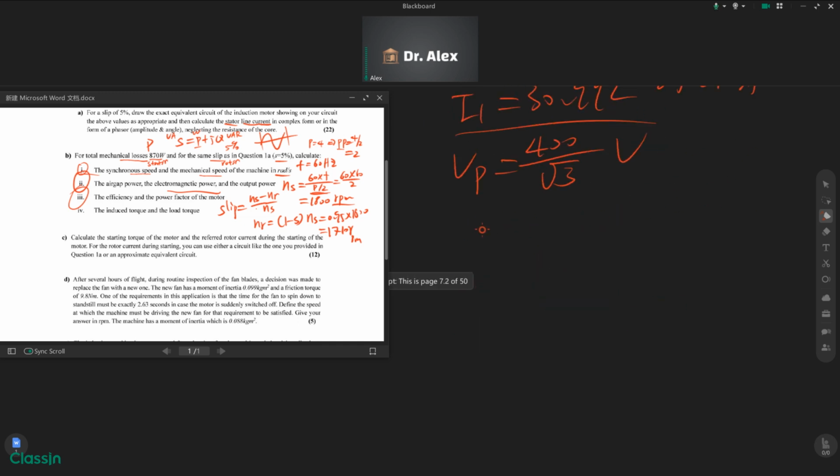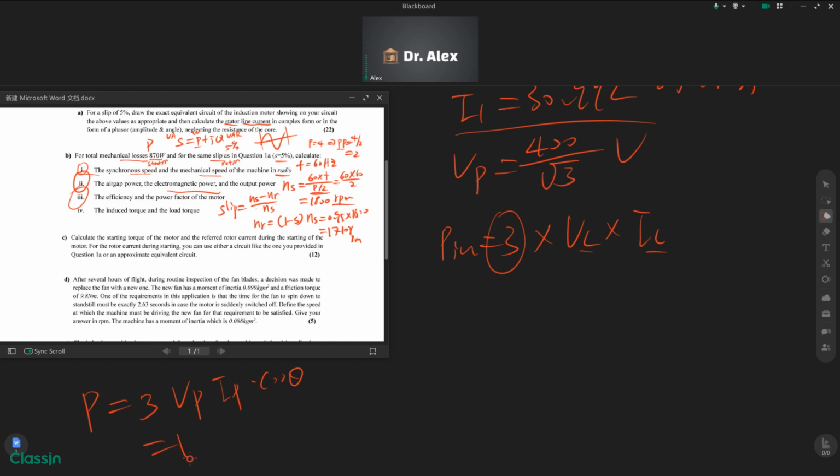So the input power is 3, because it's a three-phase circuit, times VL times IL, where L means line. Here, P equals 3 V phase times I phase times cosine theta, which equals square root 3 VL IL times cosine theta.